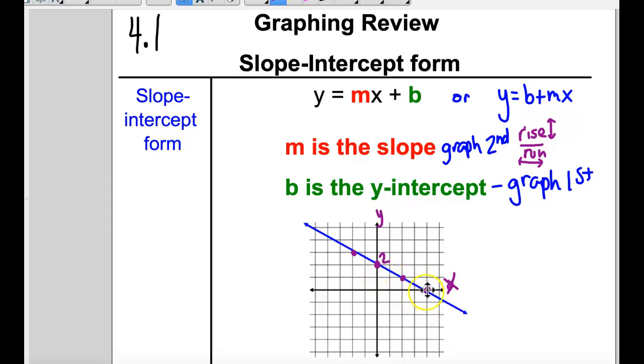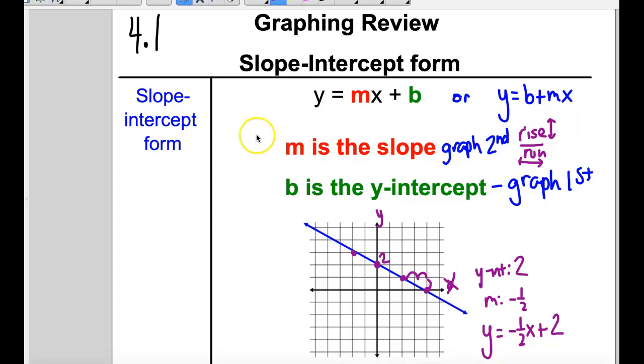And if we counted and used these 2 points on the right-hand side, its rise would be 1 and its run would be 2, and it's a downhill negative slope. So I know on this one, my y-intercept was that positive 2 because that's where it crossed. My slope is negative 1 over 2. So then I would write my equation: negative 1/2 x plus 2, crossing at a positive 2 for my y-intercept.